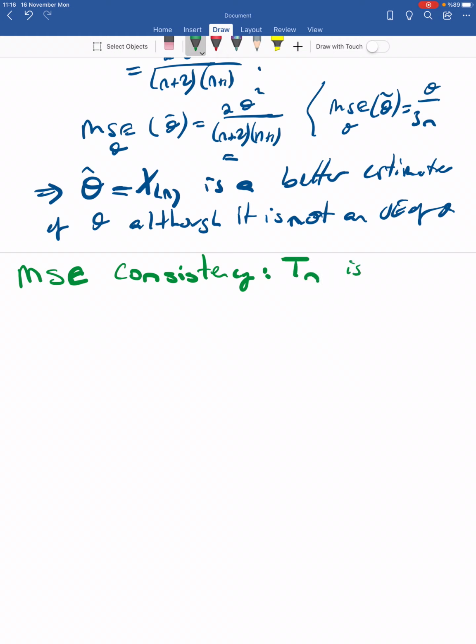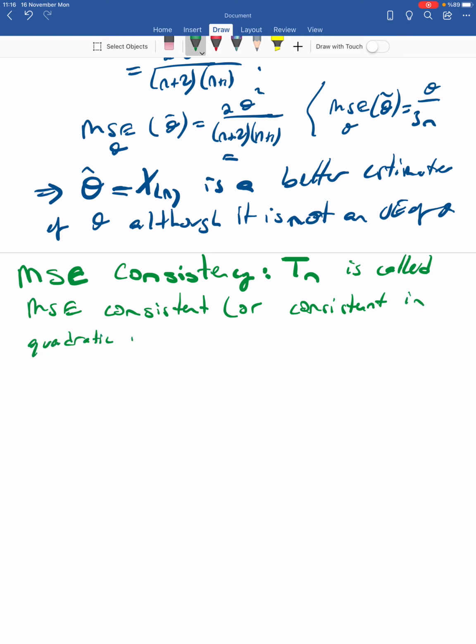So Tn is called mean square error consistent or consistent in quadratic mean if the expected value of the estimator minus theta squared converges to 0 as n goes to infinity, for theta in the parameter space, all theta values.